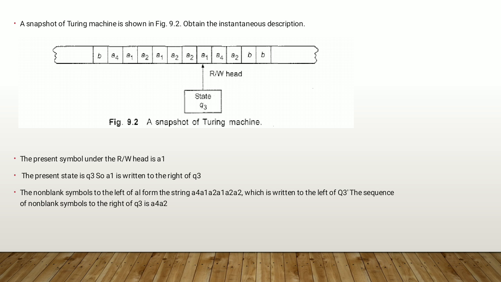The sequence of non-blank symbols to the right of Q3 is A4, A2. We do not count here the blanks B because as per the definition of Turing machine, we have already seen in the previous video that B indicates blank symbol and this B does not belong to any input symbols.